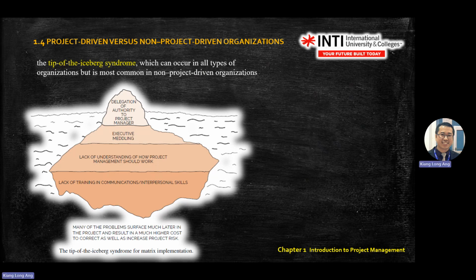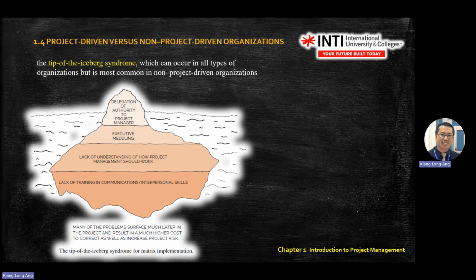It means that in all types of organization, but most commonly non-project-driven organizations, you don't see the problems below the iceberg. You only see what's at the surface. You see there's delegated authority to the project manager, but you don't see the problems or challenges in the organization. The rest you read.